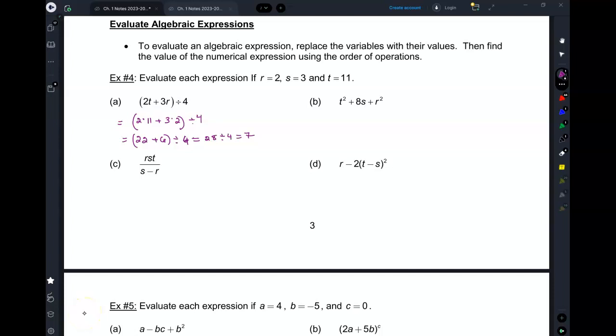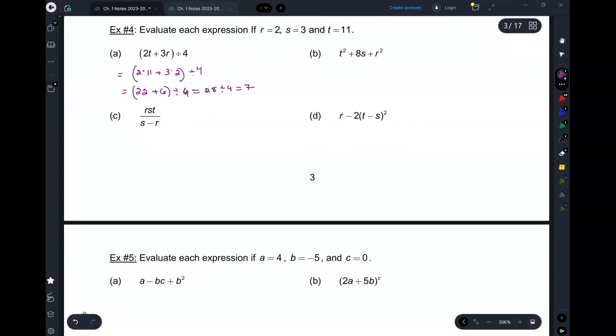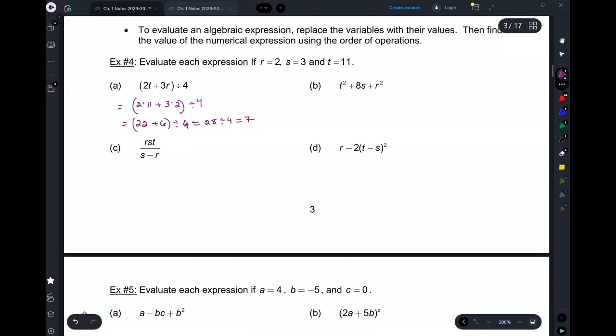let's go ahead and let's do C. So R times S times T. 2 times 3 times 11. Do you see how I sometimes do parentheses, sometimes not, right?